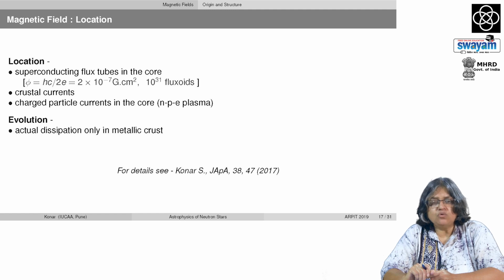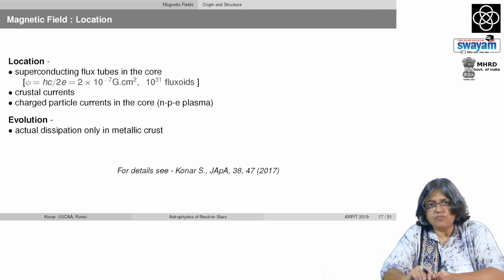There would be a huge number of fluxoids to support the observed neutron star magnetic fields, or it could be supported by currents in the crust, or if the core is not in a superconducting state, it could be supported by charged particle currents in the neutron proton electron plasma in the core.